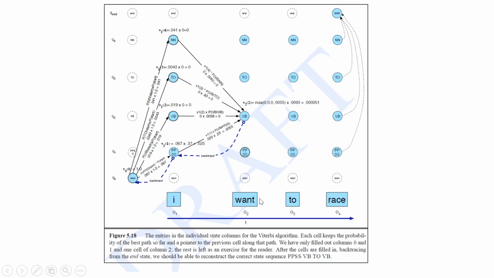The next symbol is want in the VB. So that is being calculated. If you look at this, V1 of 1, which is the value here 0.025, times the probability of VB given PPSS, that is the transition probability, and that times 0.093, which is the emission probability of want in this particular state.